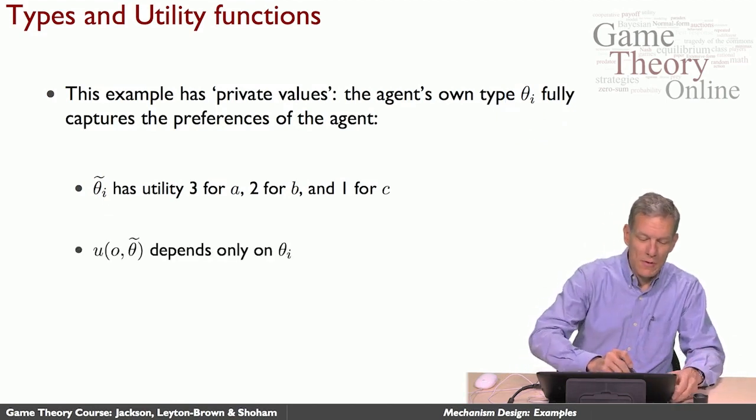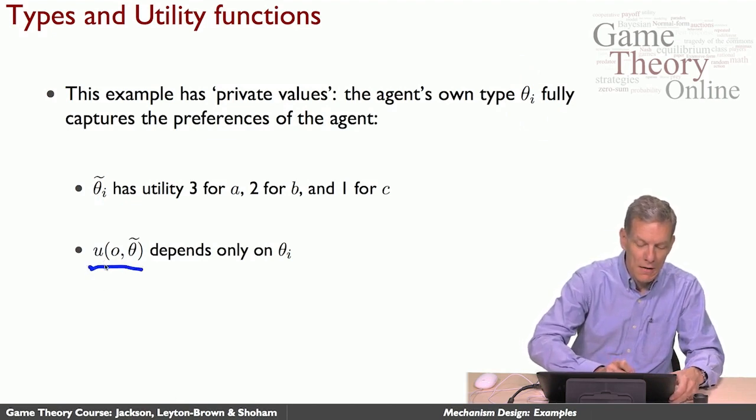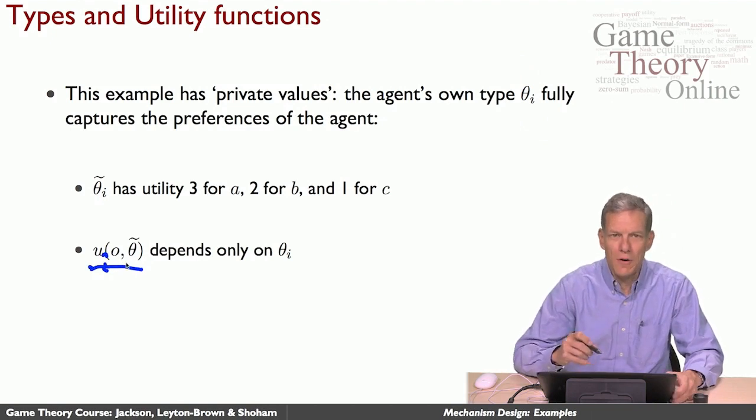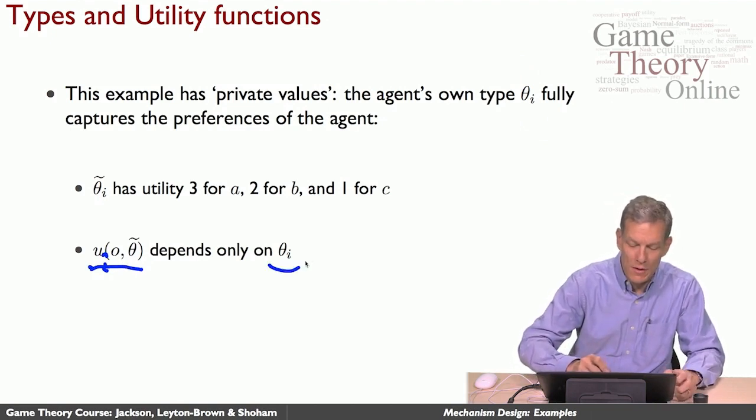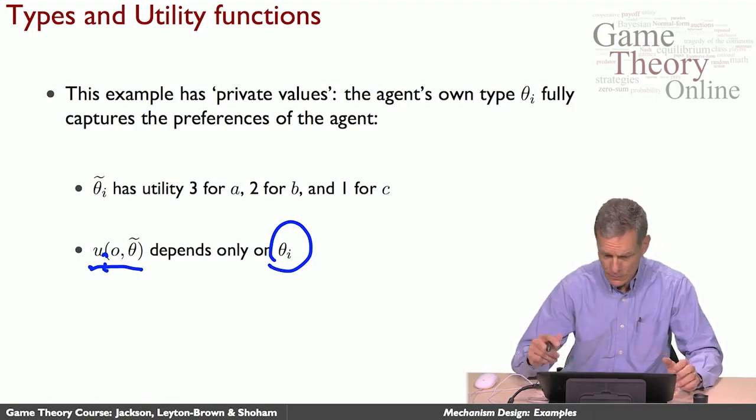So then in terms of our notation, that means that the utility function here for i as a function of the outcome and theta tilde depends only on the person's own type, right? So it doesn't matter what other people's types are in terms of determining that utility.